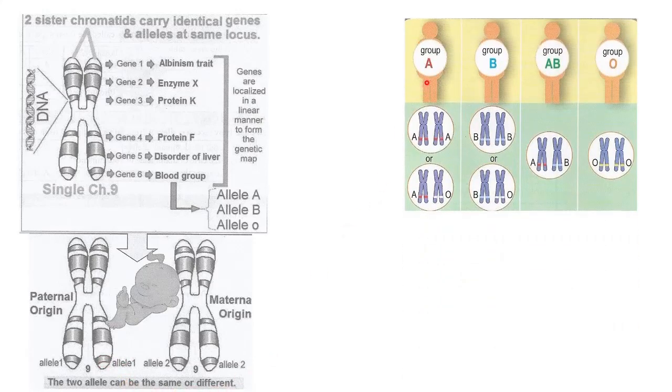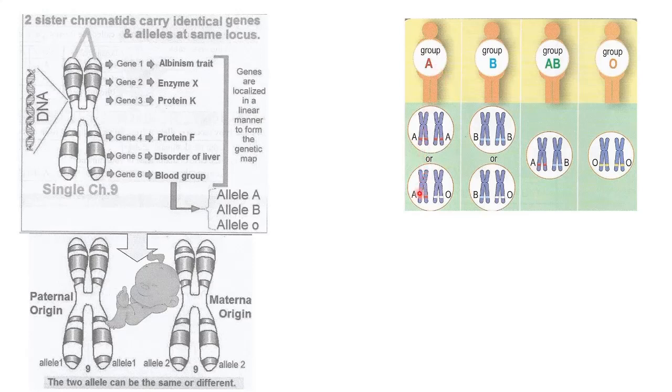For example, a certain individual has 2 alleles A. So he got one allele A from his father, another allele A from his mother. What would be the blood group of this individual? He is going to be of blood group A. So his phenotype is blood group A.